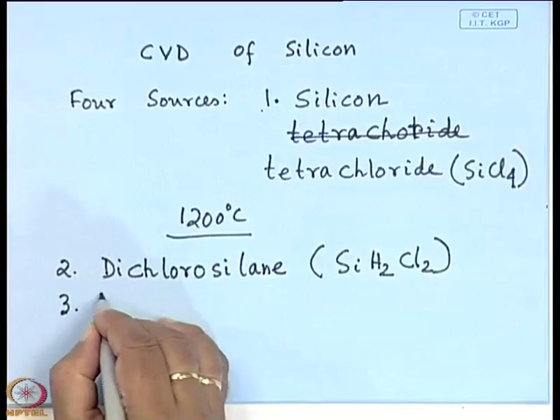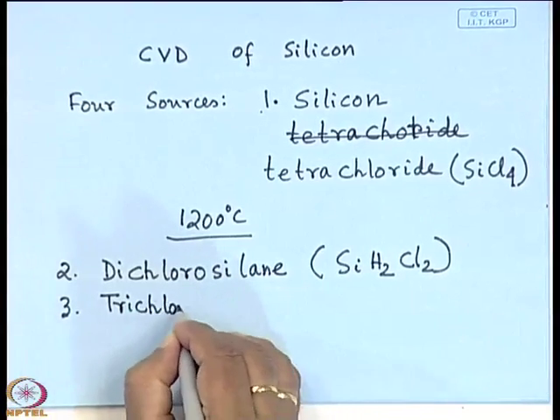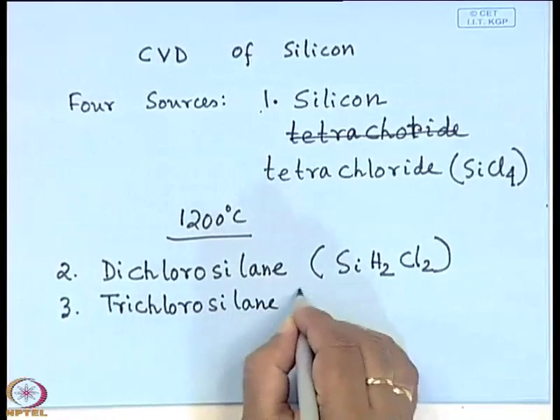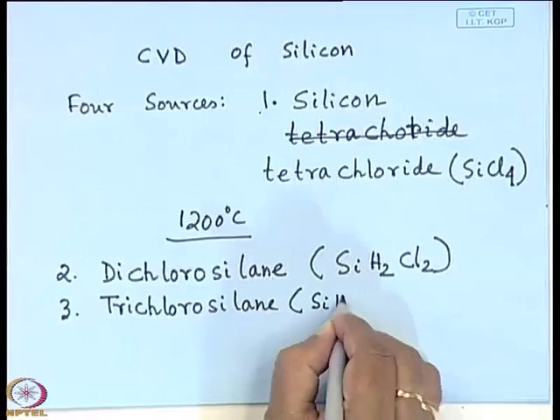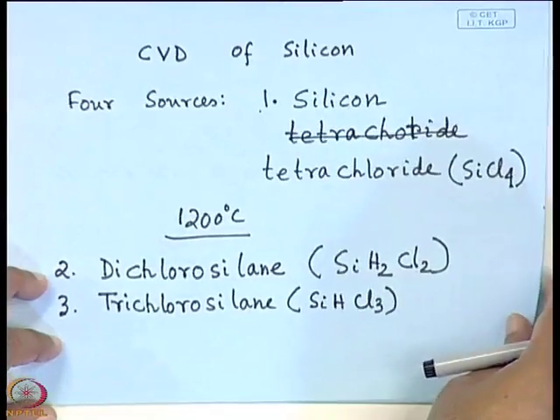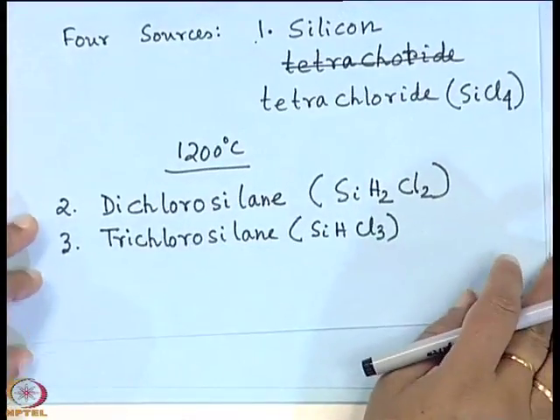Number 3 is trichlorosilane, SiHCl3, and number 4 is silane.